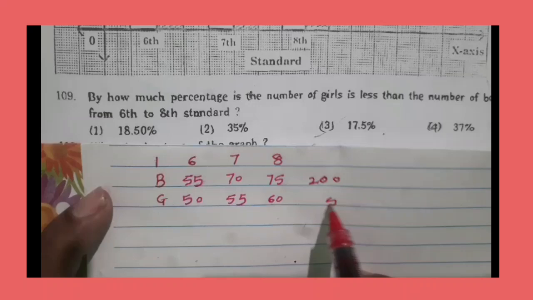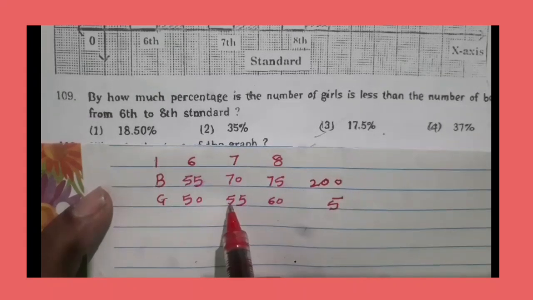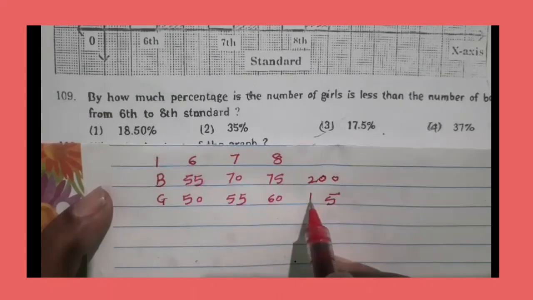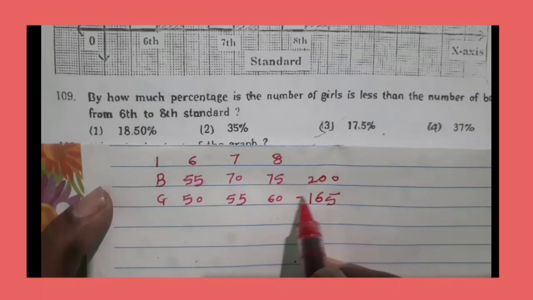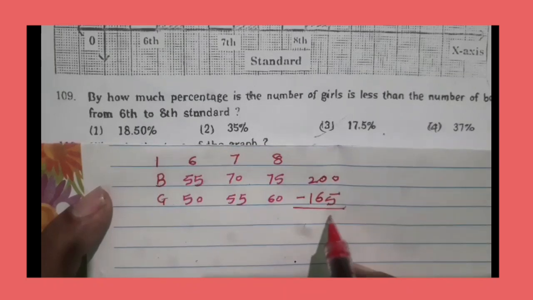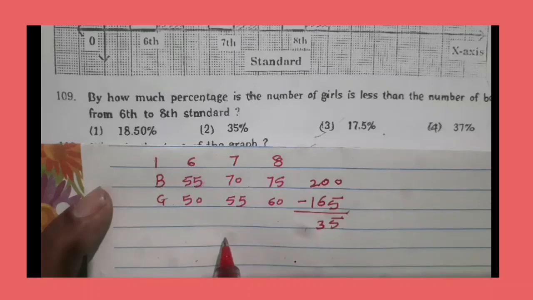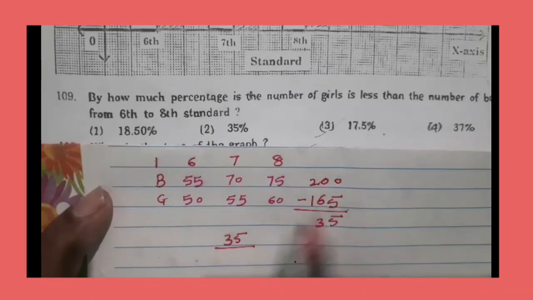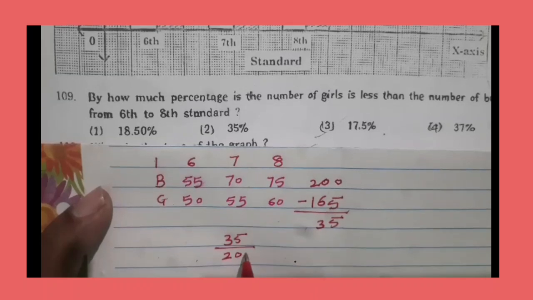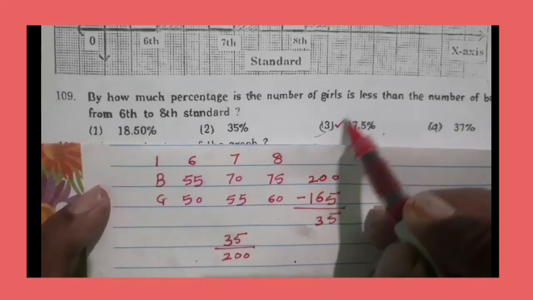And girls is 5, 5, 10, 1, 6. Less is 35. Now percentage: 35 upon 200. That means our answer is 17.5.